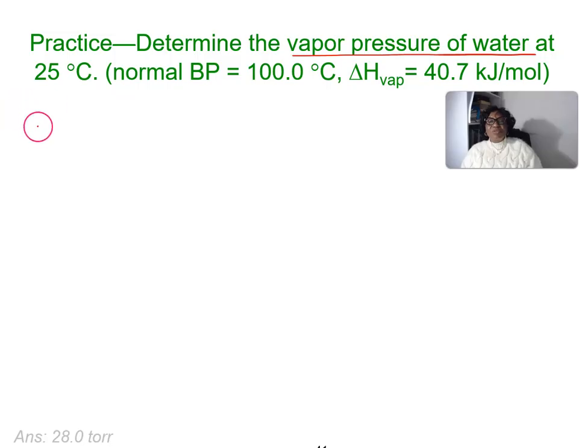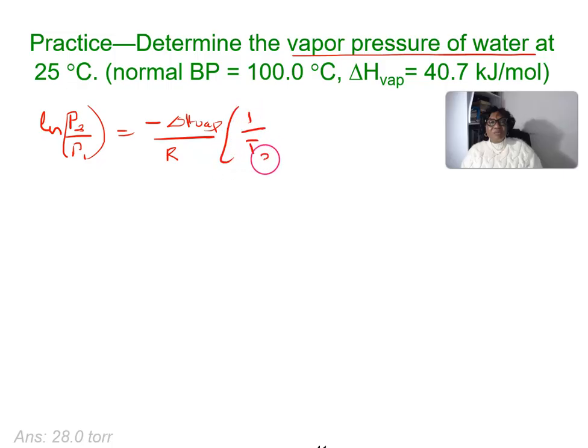Use your equation. Ln P2 over P1 equals minus delta H over R times 1 over T2 minus 1 over T1. Convert all your temperatures into Kelvin.